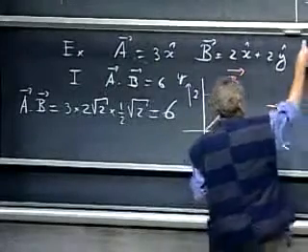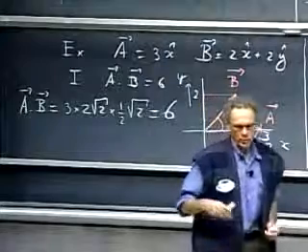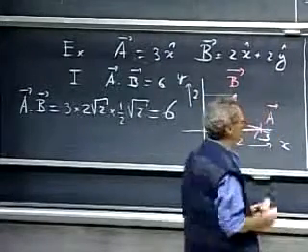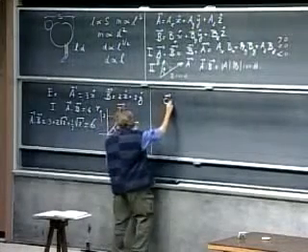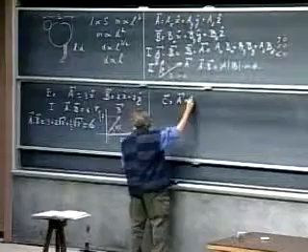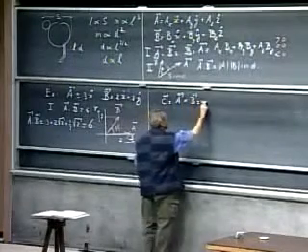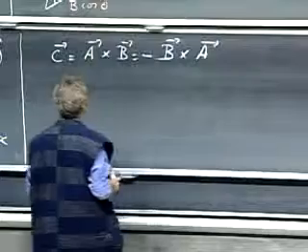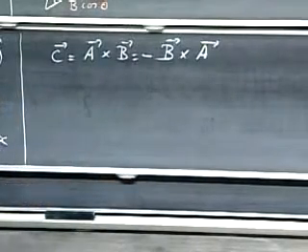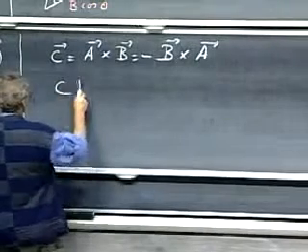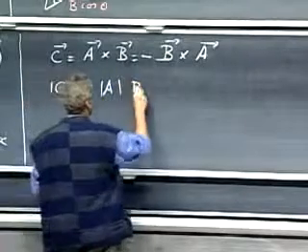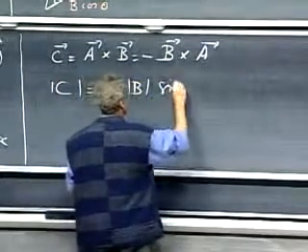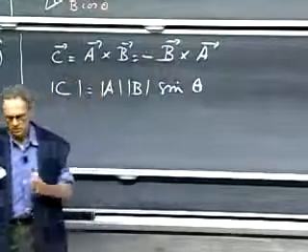On cross products, I don't want to go through the formalism of cross products the way we did that with the determinant. I just want to remind you that if you have a cross product of two vectors, C equals A cross B, that is minus B cross A, and that the magnitude of C is the length of A times the length of B times the sine of the angle between them.